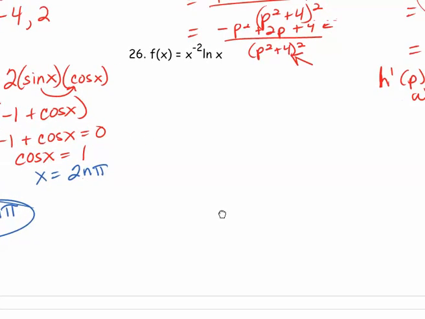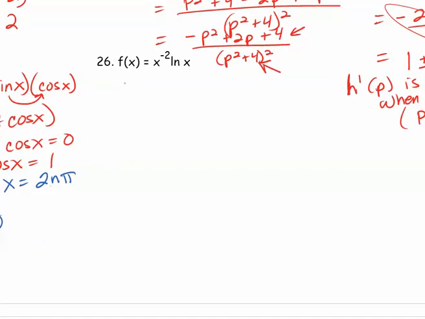All right, and here, let's see how you might want to think of this. You could think of it as a quotient rule, natural log of x over x squared, or you could leave it the way it is and do it as a product rule.